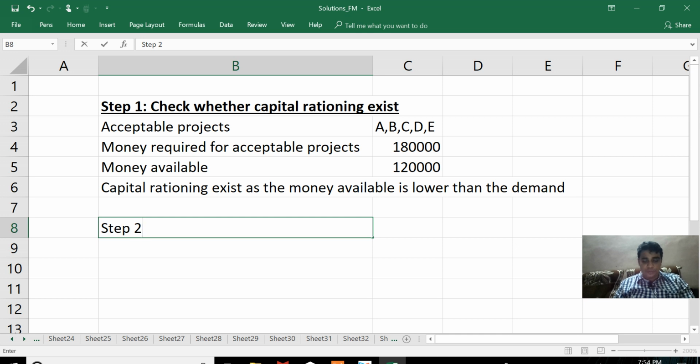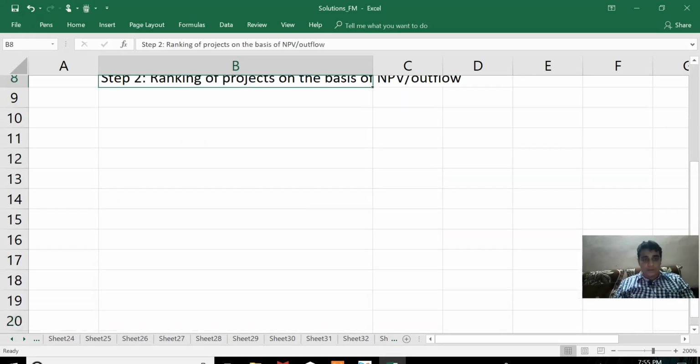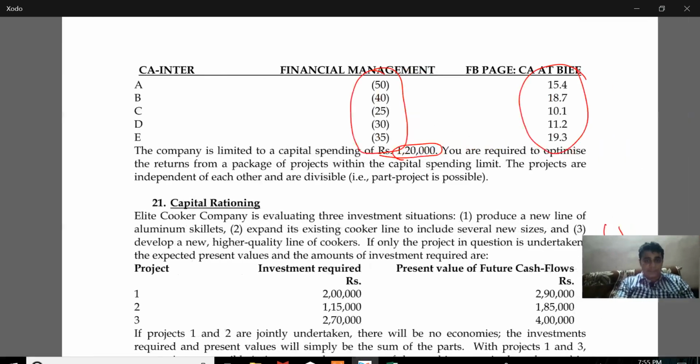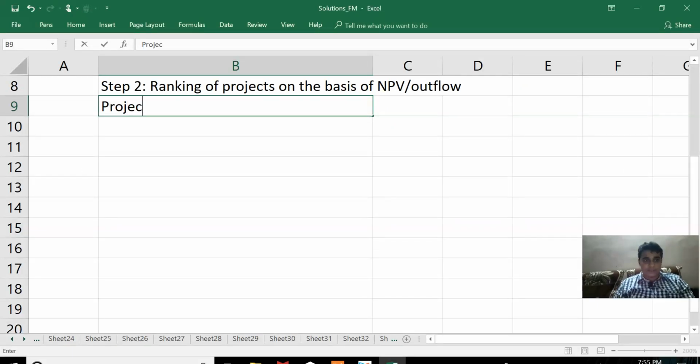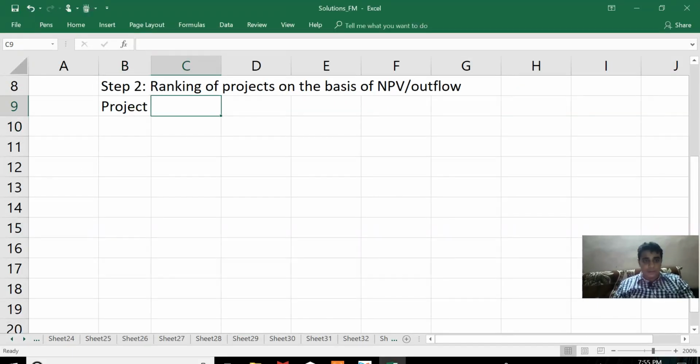Step 2, ranking of projects on the basis of NPV by outflow. Now let me first capture the information as given in the question. Project, outflow, NPV by outflow.